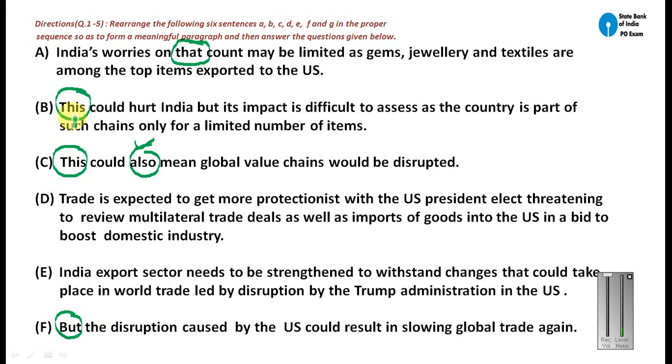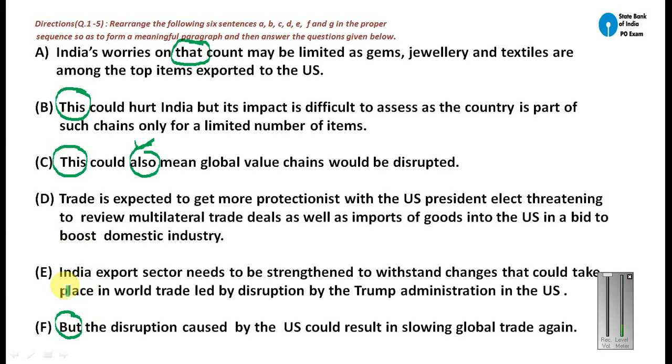So now out of these two sentences, let me figure out which sentence will become the first sentence. If you look at this sentence, "India's export sector needs to be strengthened to withstand changes that could take place in world trade led by disruptions by the Trump administration in the US."